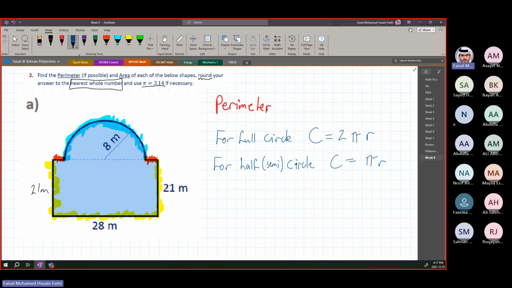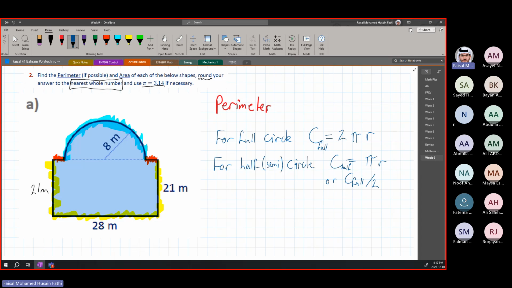You just divide this by 2. So it's basically dividing the full circle by 2. That's it. Or it's equal to C full divided by 2. Okay, so this is C full, C half. Simple. So the circumference, you're just going to divide it by 2.